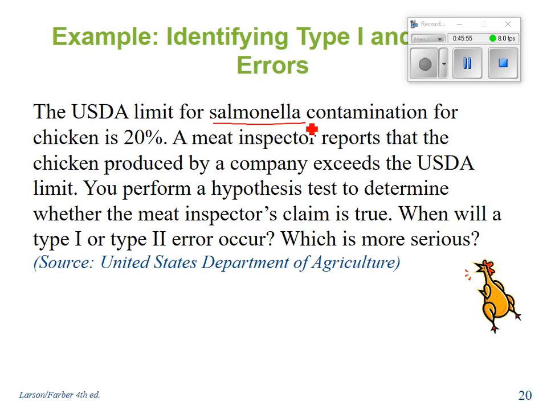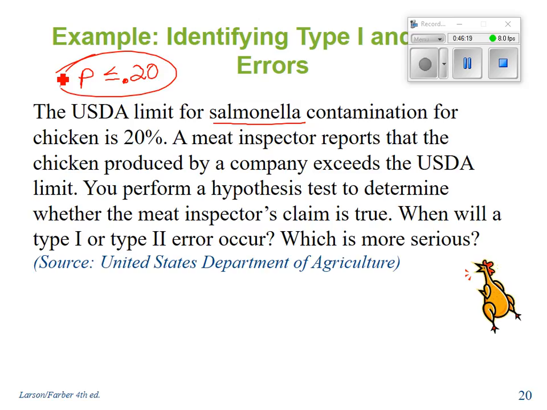So it's got a limit of 20%. That means our P, when we make our statement, is less than or equal to 0.20. That's their original statement.